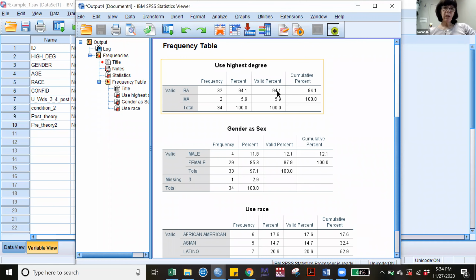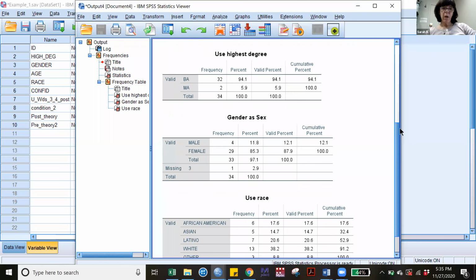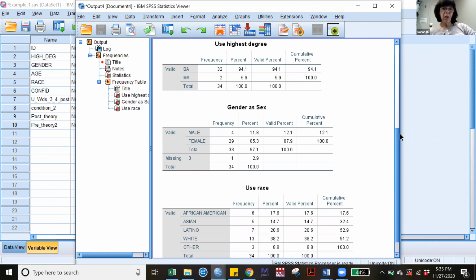So we see here that there are 34 cases in the data set. You can find that here because anything less than 34 would be listed as missing data. All respondents answered that question, so the regular percent and the valid percent are the same. And the majority have only thus far earned a BA.